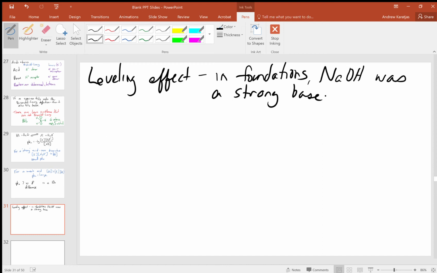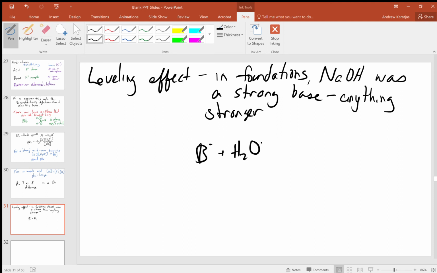And the reason we were able to say that is anything stronger will just react with water to form hydroxide.